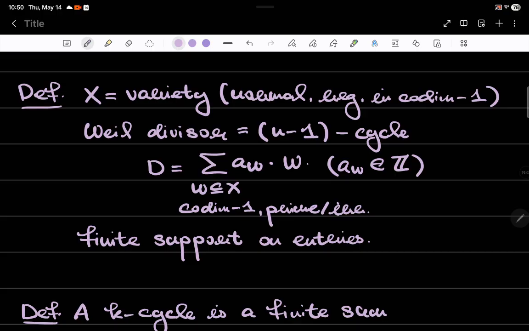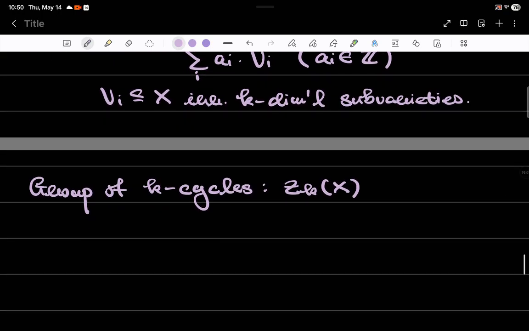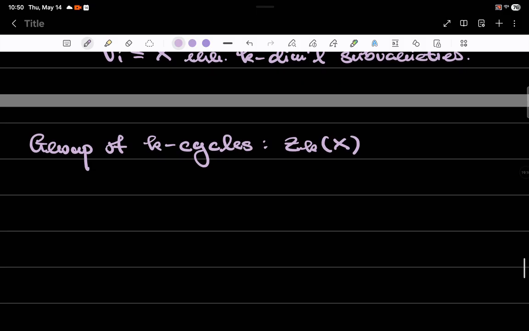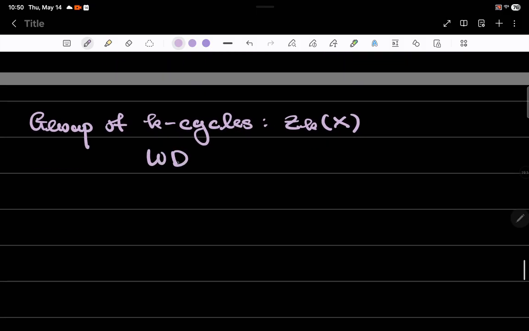I'm used to intersection theory where you often grade by codimension because codimensions add. So the group of k-cycles is denoted by Z_k(X), and we denote in particular the group of Weil divisors to be WDiv, which is of course Z_{n-1}(X). So these are formal sums over codimension 1 subvarieties.